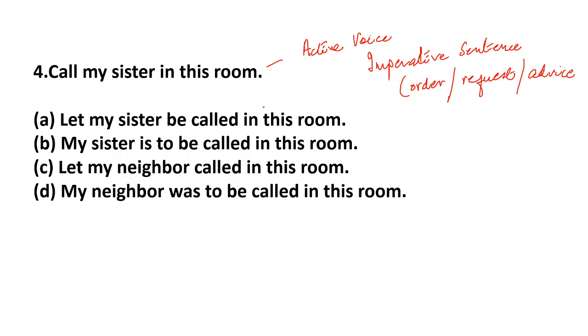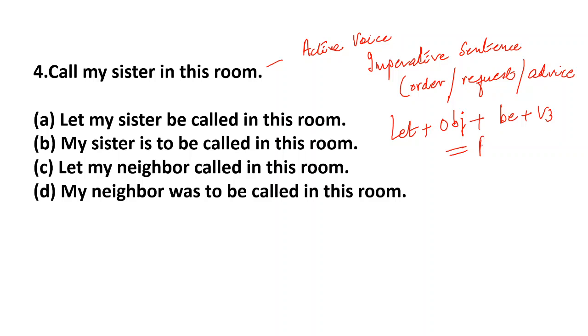Now remember, in imperative sentence, you will always put let. So in imperative sentence, what happens? This is an order. Call my sister in this room. This is an order. Imperative sentence. So how will you convert? You will put let plus object in the passive voice plus be plus V3.